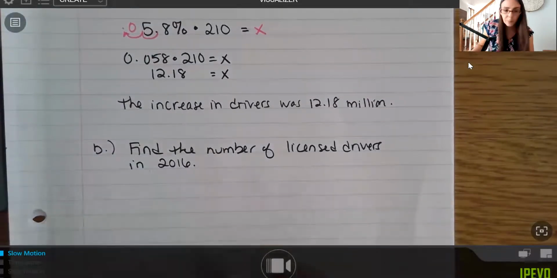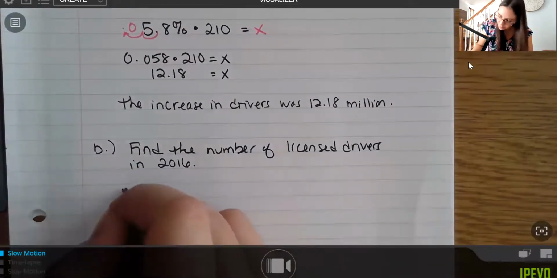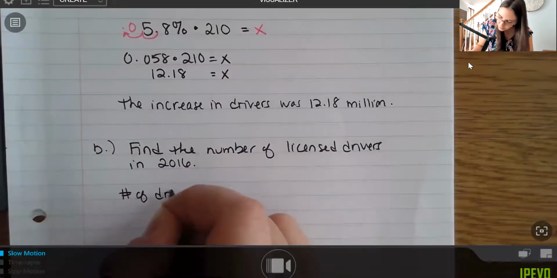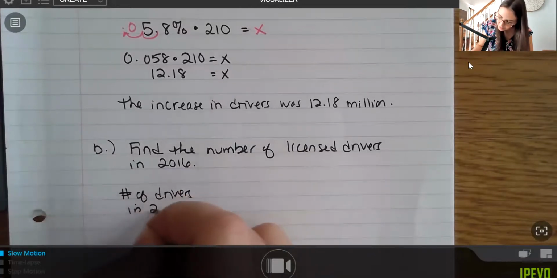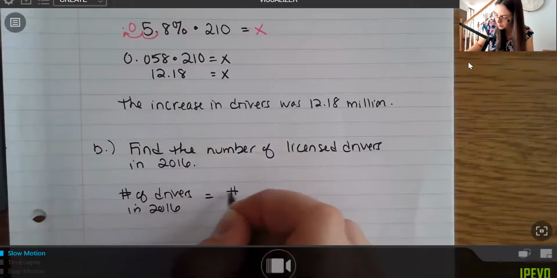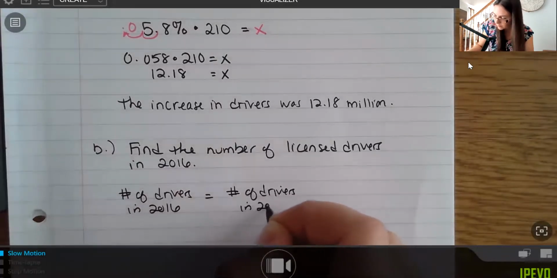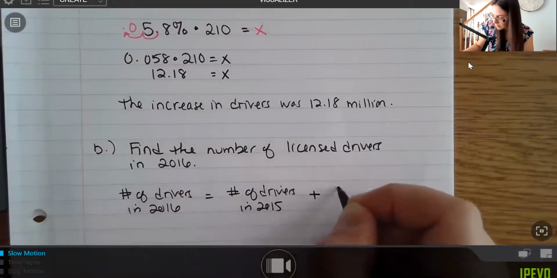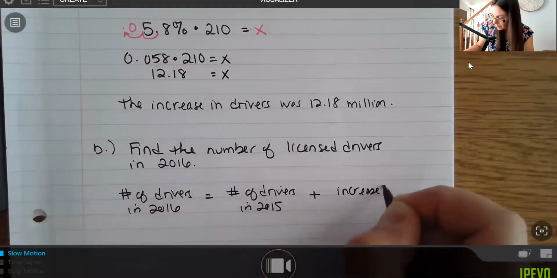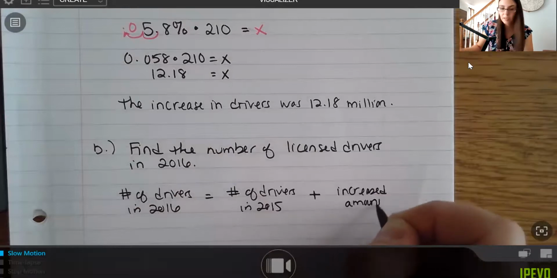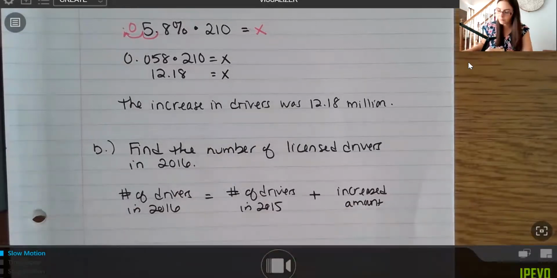So for this case, the number of drivers in 2016 would be the same as the number of drivers in 2015 plus the increased amount, right? And again, it's going to be plus because we're increasing, we're trying to make it more.